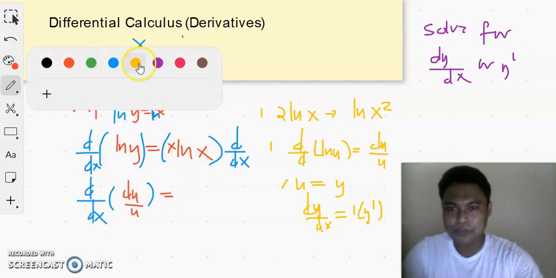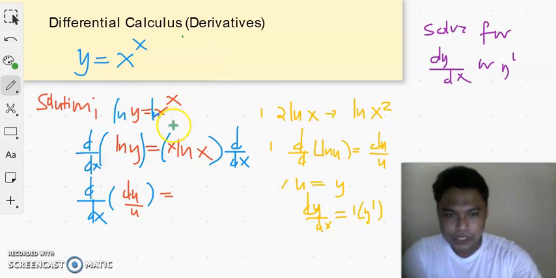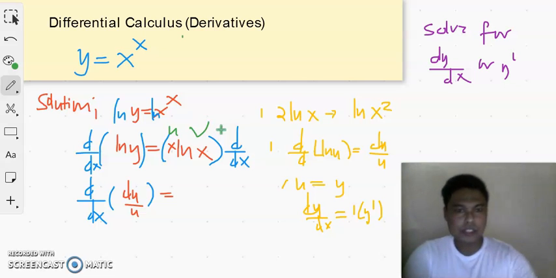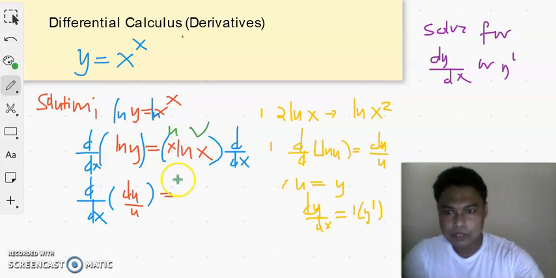Have you observed that this is the product of derivatives? This is u, this is v: u dv plus v du.